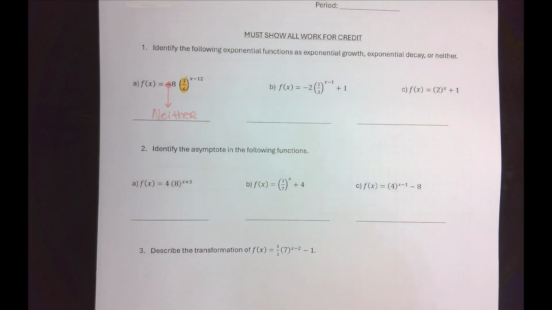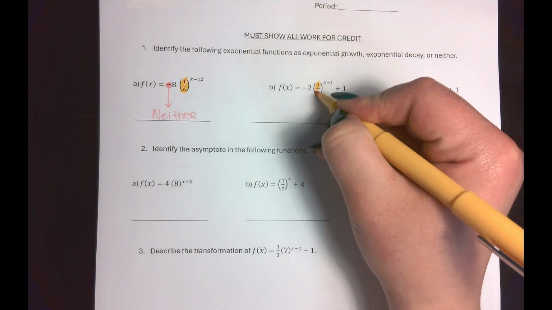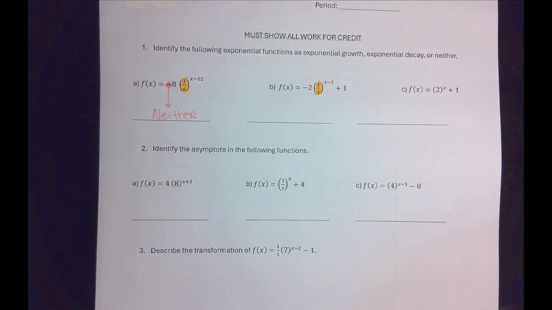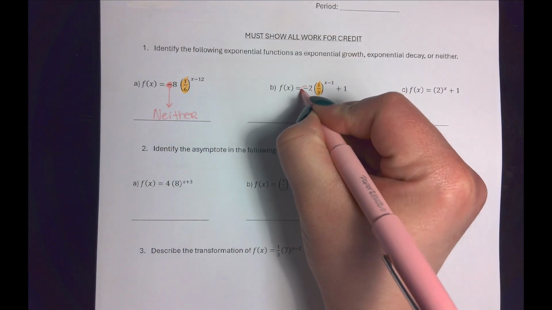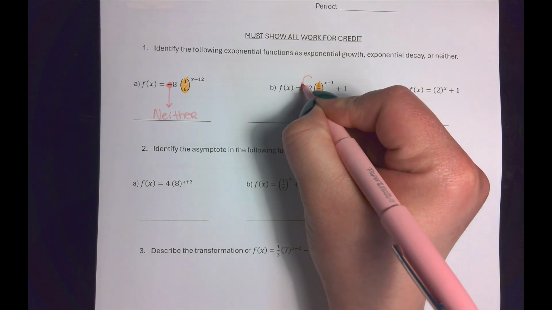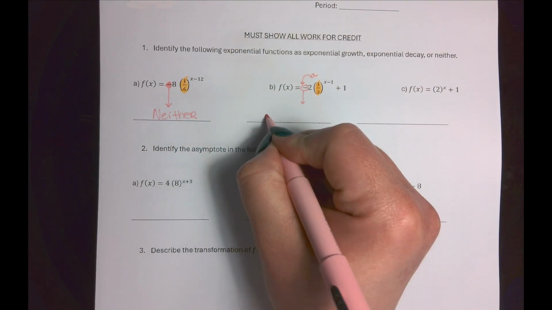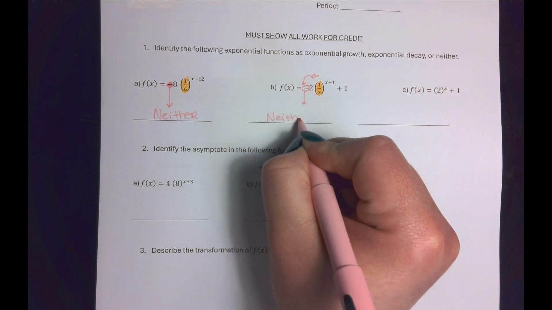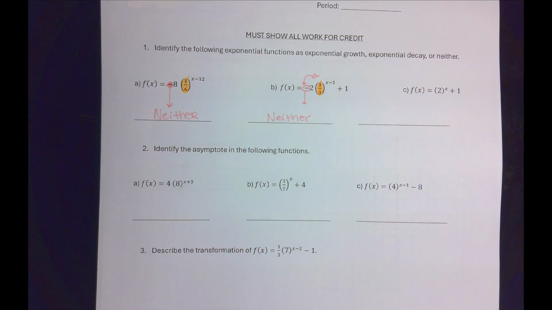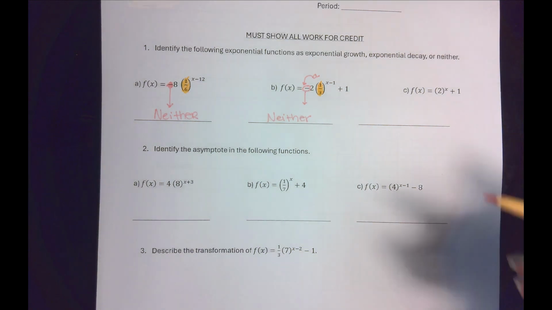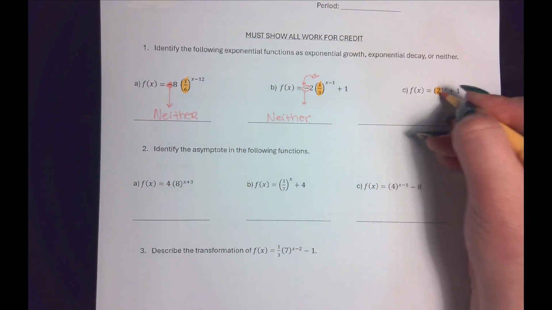Let's go ahead and take a look at number 2. For number 2, again, we're going to take a look at the B value. Then we're taking a look at the A value. And if the A is negative, it is going to be neither growth nor decay. Now, the reason I am looking at B value before I'm looking at A is because sometimes we get something like this.